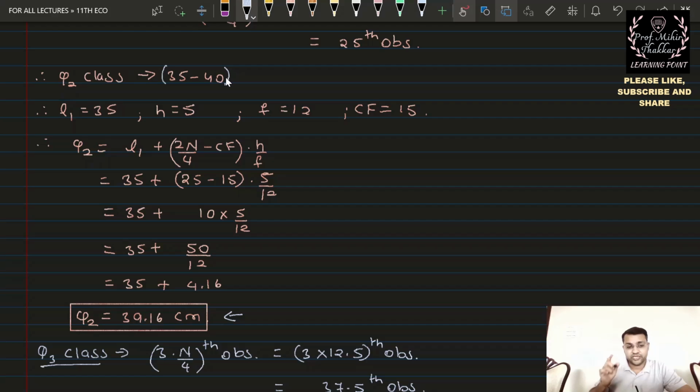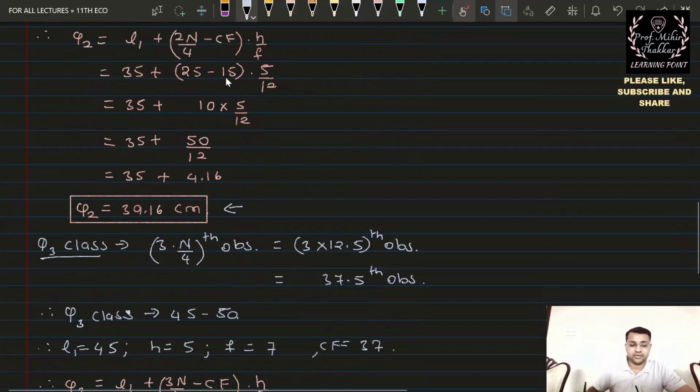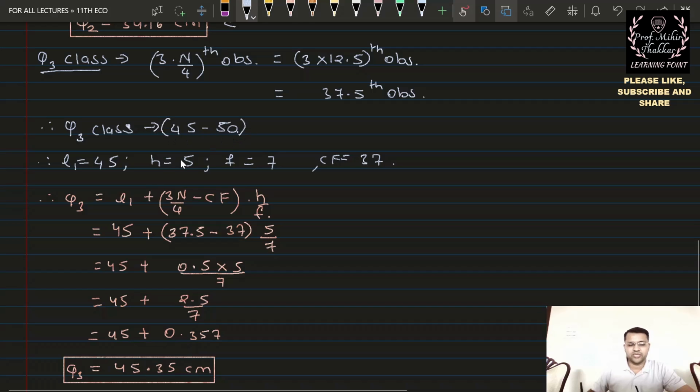So it means that it has to lie between the lower limit and the upper limit. 33.43 lies between 30 and 35. In a similar way, the last value Q3, 45.35, also lies between 45 to 50. So this is the way in which you can check whether the working that you have done is correct or has some errors in the calculations.